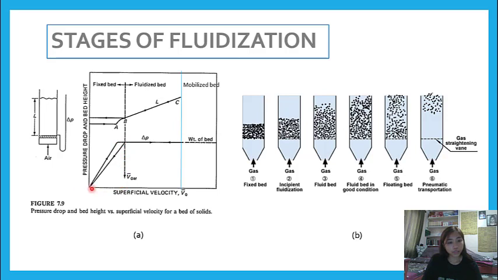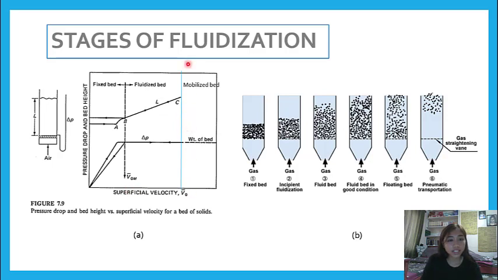Then, as our superficial velocity increases again, there will be a time when the force applied by our fluid balances out the weight of our solid. It balances out. And at that point, the fluidized bed stage occurs. And the velocity at the start of that stage is termed the minimum fluidizing velocity.